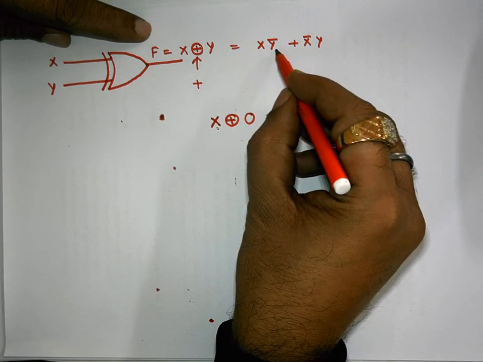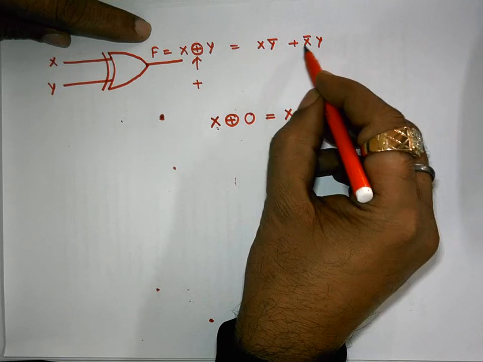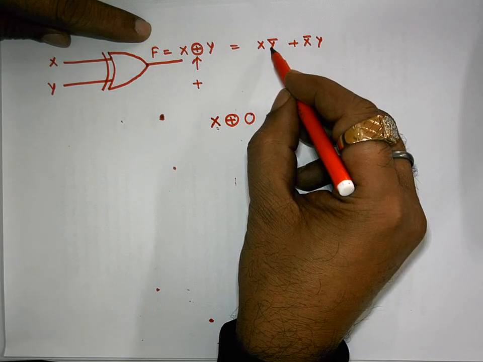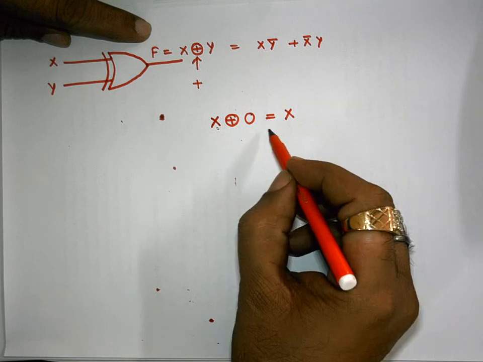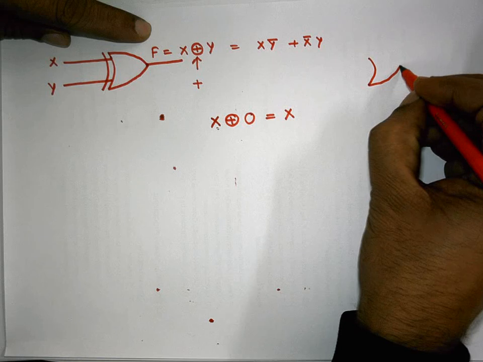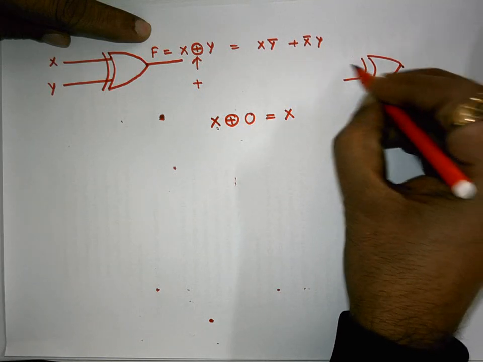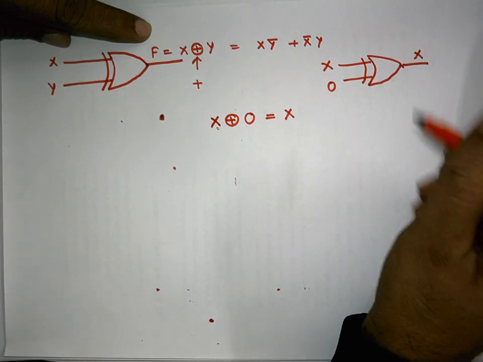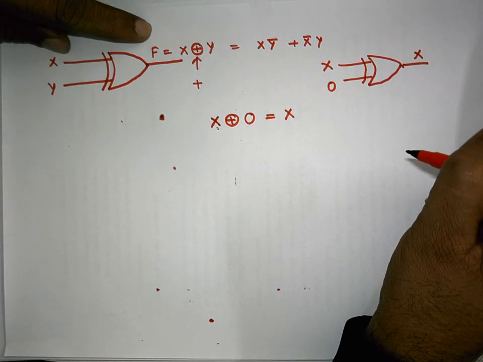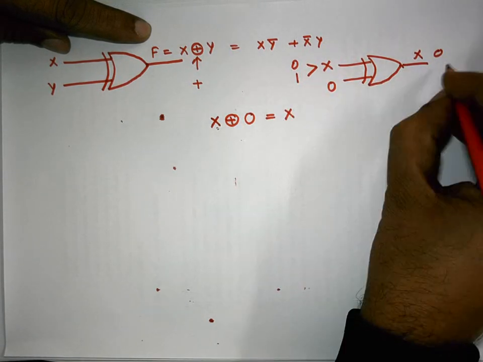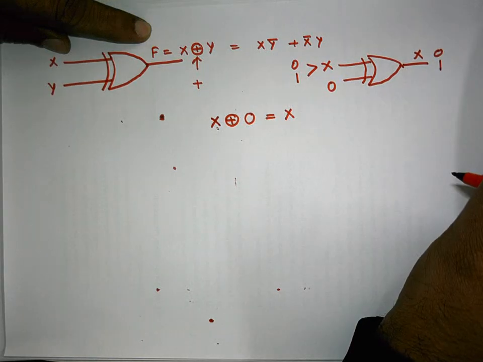So X times 1 and X bar times 0. So X dot 1 is equal to X. So X exclusive OR 0 is X. Means you have an exclusive OR gate, you are applying X at one input and you are applying 0 at the other input. You will get X at the output. Means if you are applying 0 over here, you will get 0 over here. If you are applying 1 over here, you will get 1 over here.